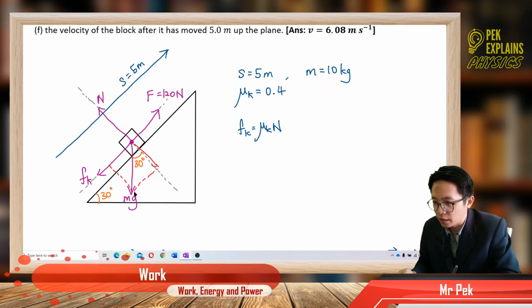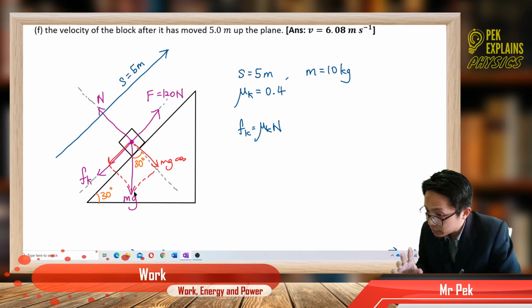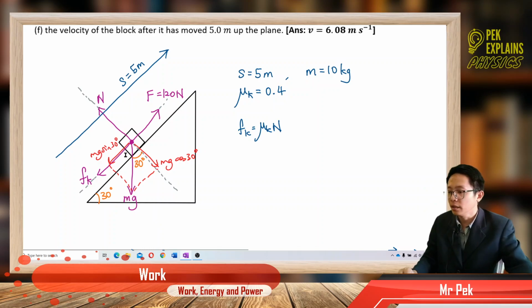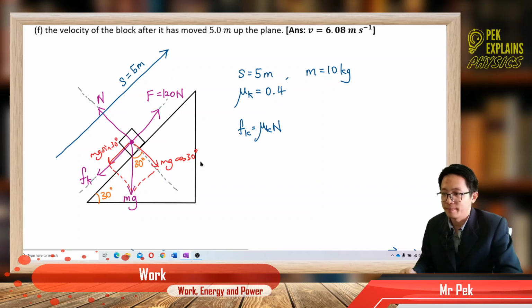Okay, resolve the mg. Here this part is mg cos 30, because it is adjacent to the 30 degrees, and this part is mg sine 30. So what is N equal to? N is equal to mg cos 30.